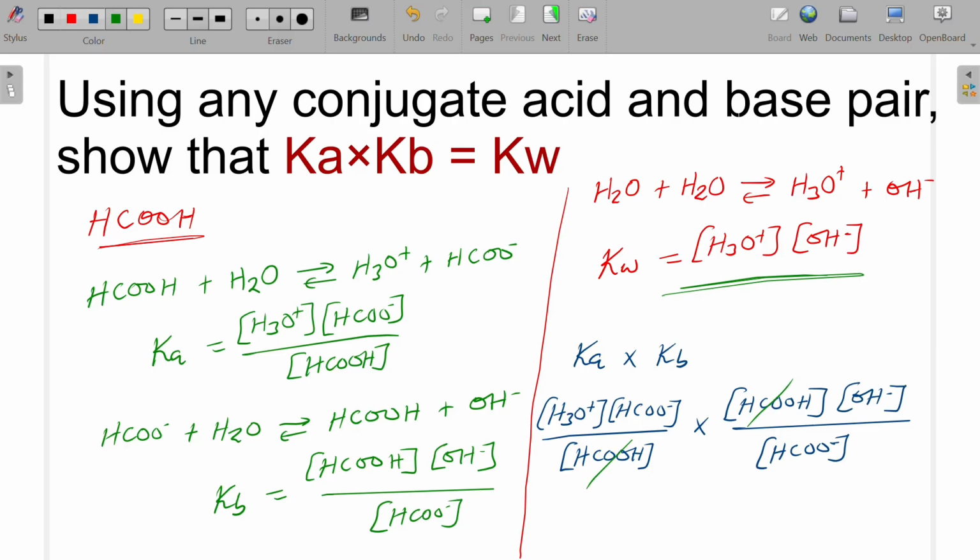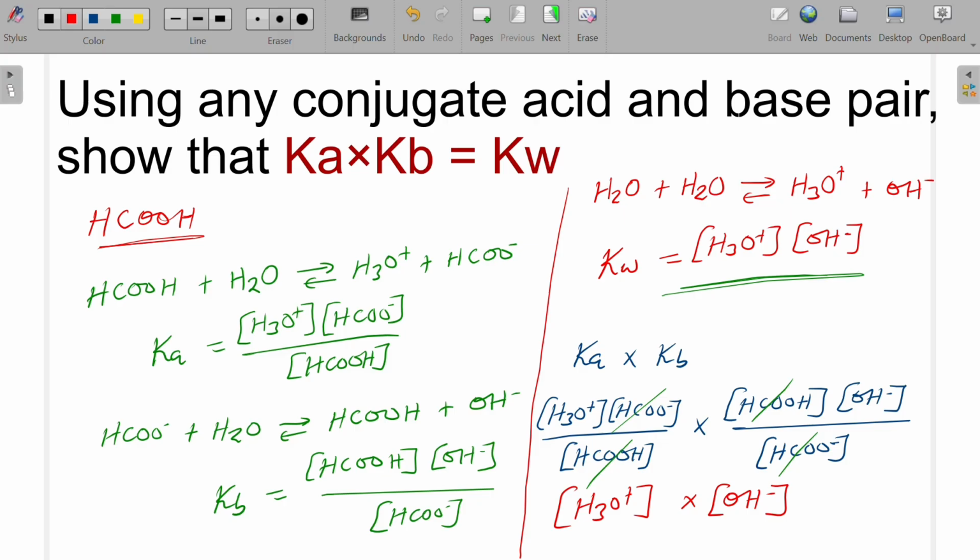What that implies is they're going to cancel out. This will cancel with that one and this will cancel with that one. So when you do that, what we are remaining with is the hydronium ion on this side multiplied by the hydroxide ion on the other side.